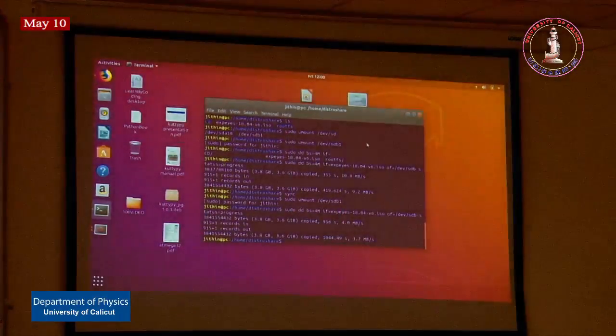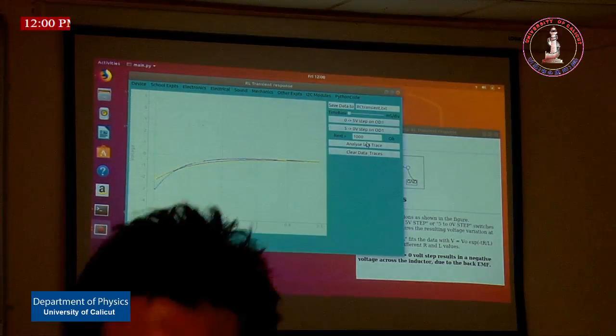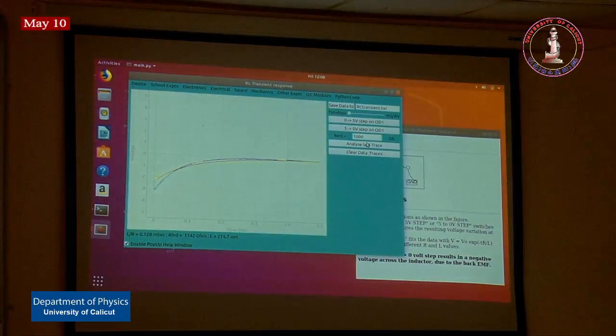What is wrong? My doubt is that L by R is 0.072, R is the given resistance, it is entered here, 1000. If you substitute R equal to 1000, you will get the L value as some 72 millihenry. Wait a minute.